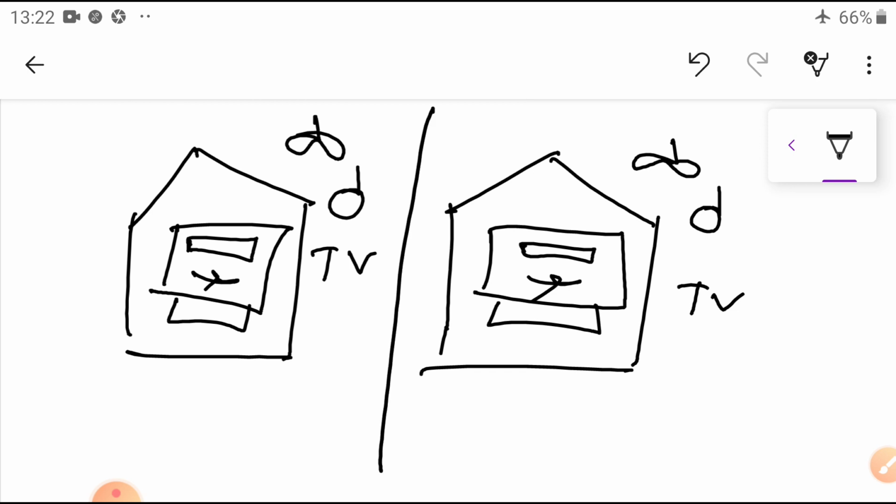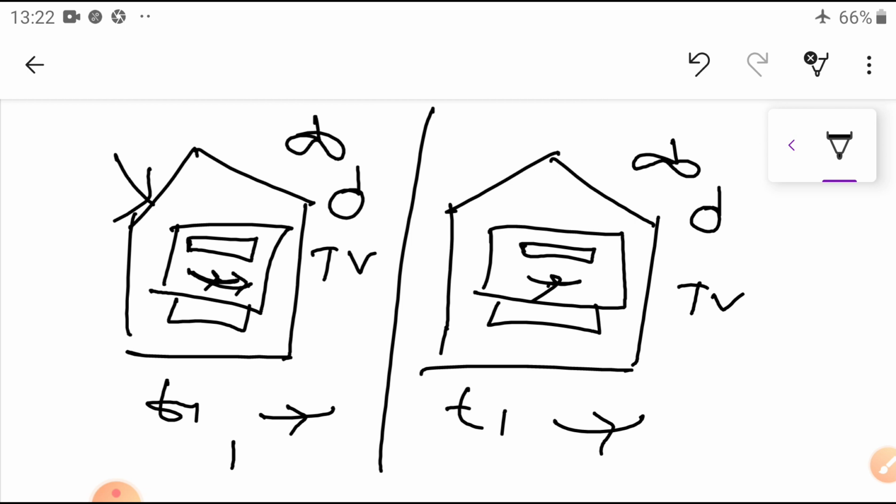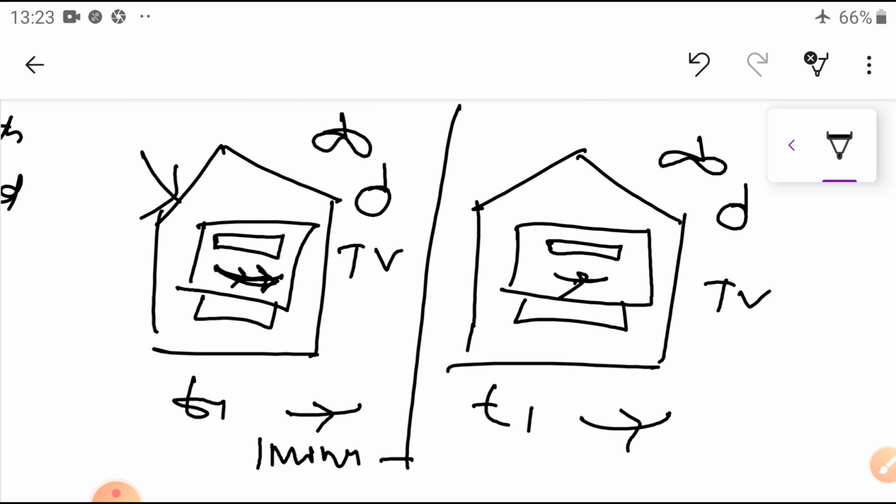Using the same time, the shift is the same. Then what happened? I can observe that my energy meter's speed of rotation is very high, whereas his is very slow. I can count for 1 minute with the fan, tube light and TV.